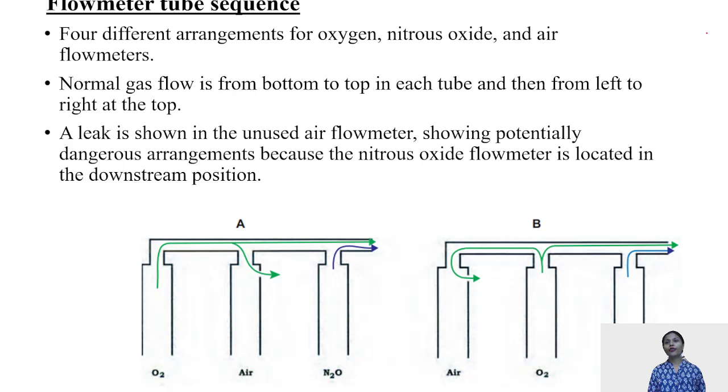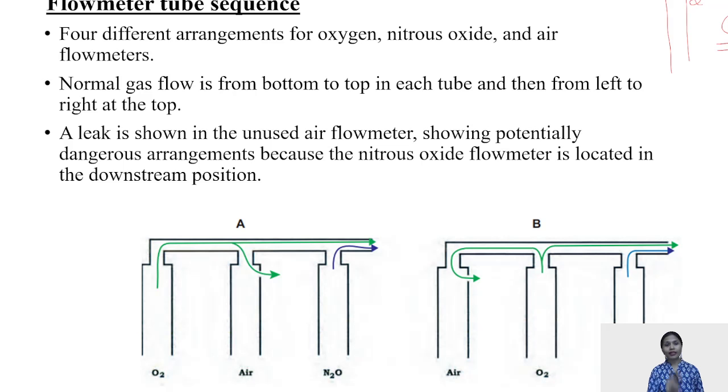If you have the common gas outlet, the nearest gas to the patient is always going to be oxygen, because if it is nitrous oxide or air, then the chances of a hypoxic mixture being delivered to the patient in case there is a leakage in any of these flow meters increase very much.